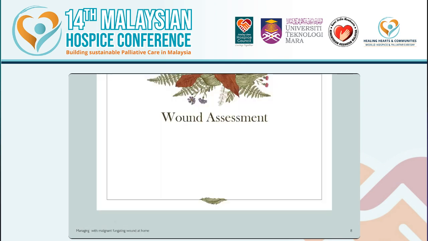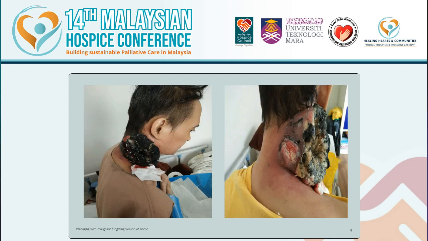And now, how are we going to assess the wound? Actually, the moment we enter the patient's house, we can start doing the assessment. We might smell something bad, possibly from the wound itself. Okay, let's look at Mr. A. We can see there is a cauliflower type of wound and it is over the neck region.